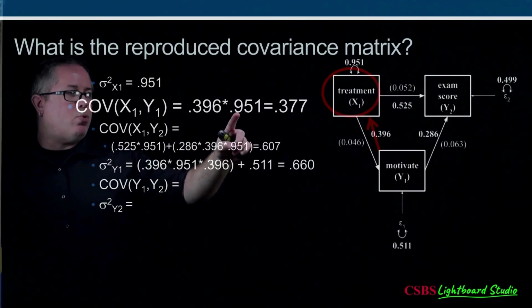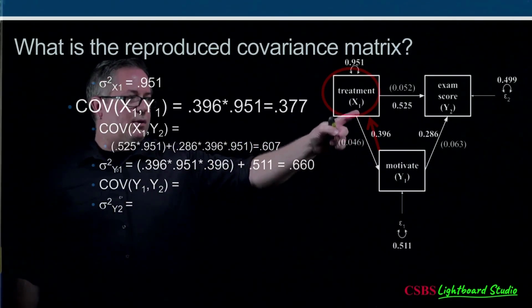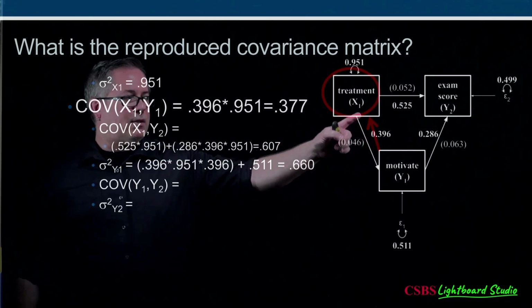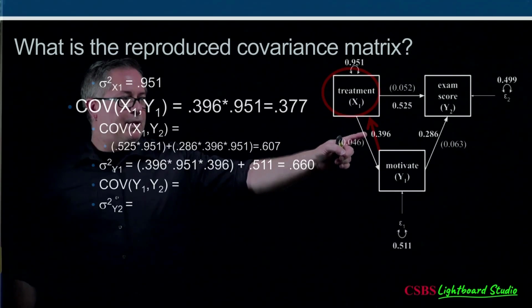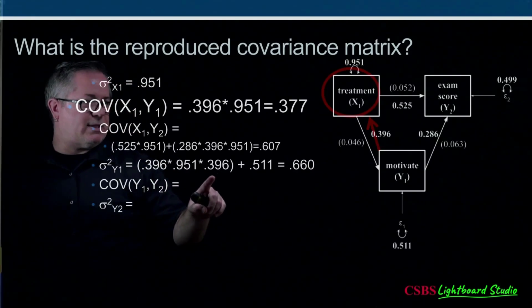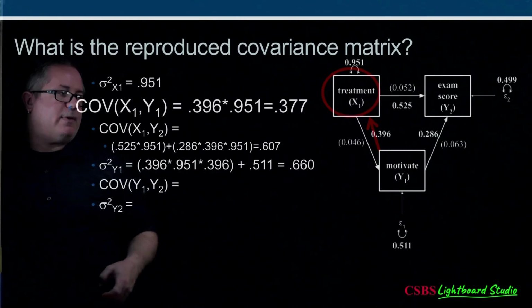But if I want to know what portion of variance in y1 relates to x1, I need to take the path squared times the variance of this. That will give me the actual proportion of it. So the fact we're going 0.396 times 0.396 here, that's that coefficient squared times the variance of x.